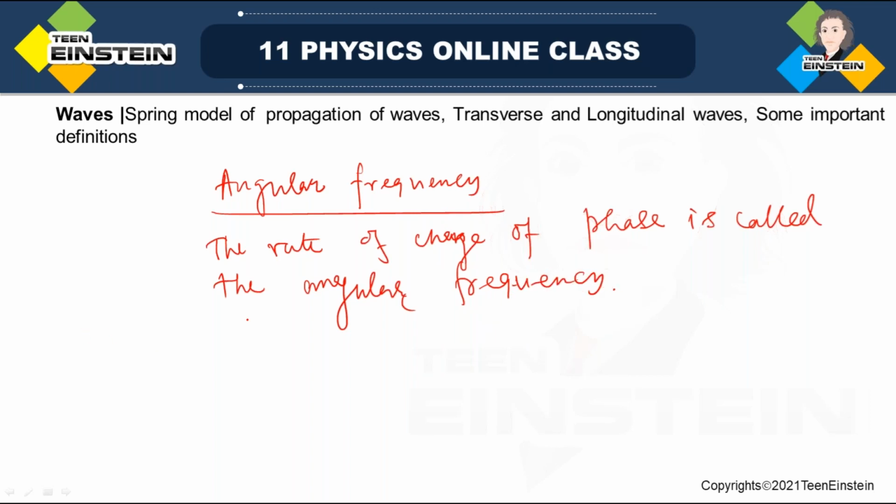So 2 pi is the total phase change that happens during time period T. So angular frequency omega is 2 pi over T, and this can be written as 2 pi times 1 over T, so 2 pi nu.